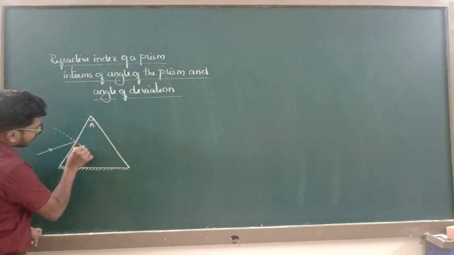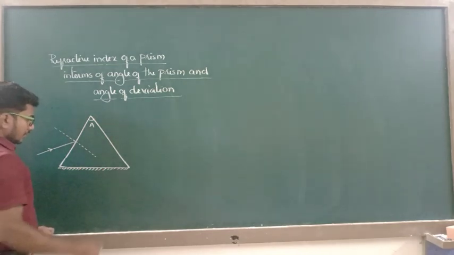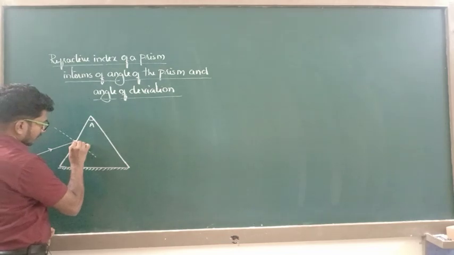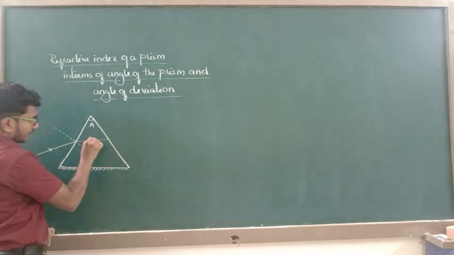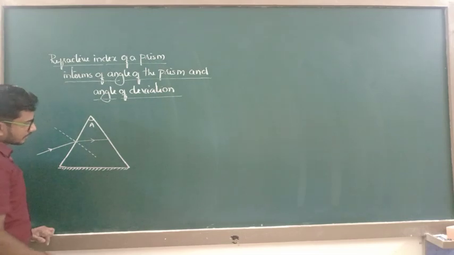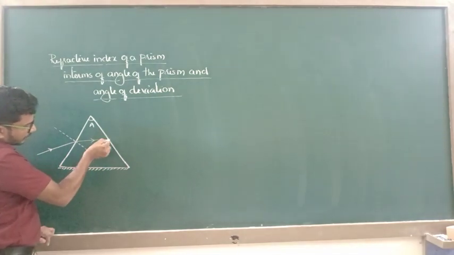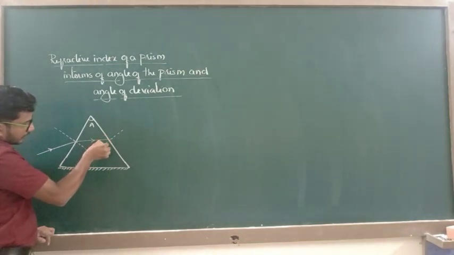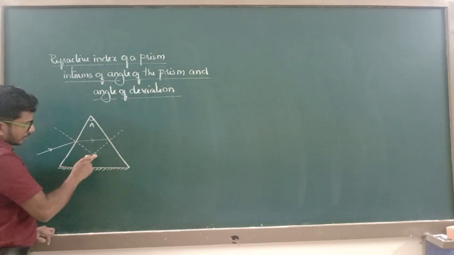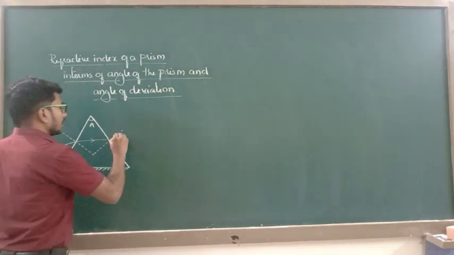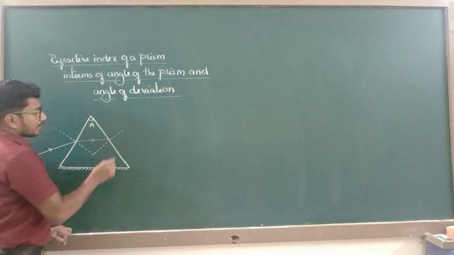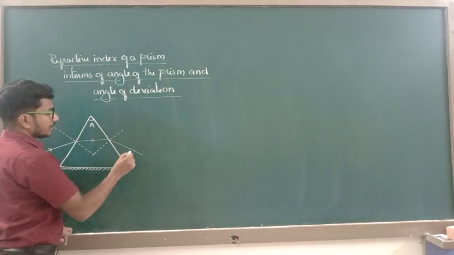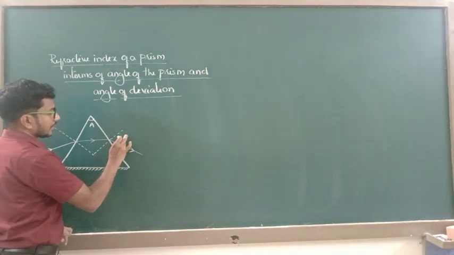Rarer to denser, it bends towards the normal, direction of refracted light ray, again normal at the point of incidence. Then light ray from denser to rarer, it bends away from the normal, direction of emergent light ray.